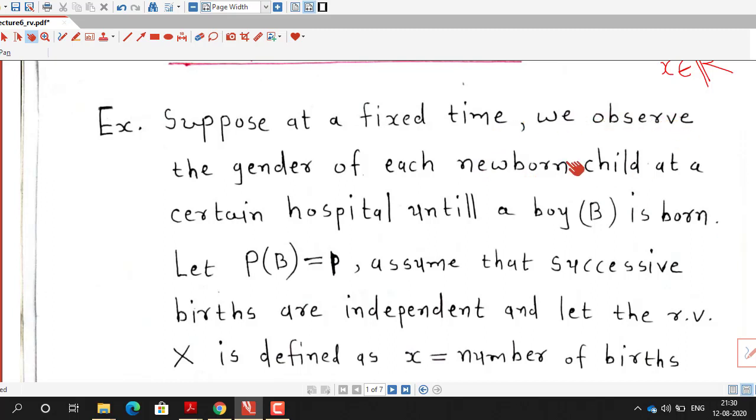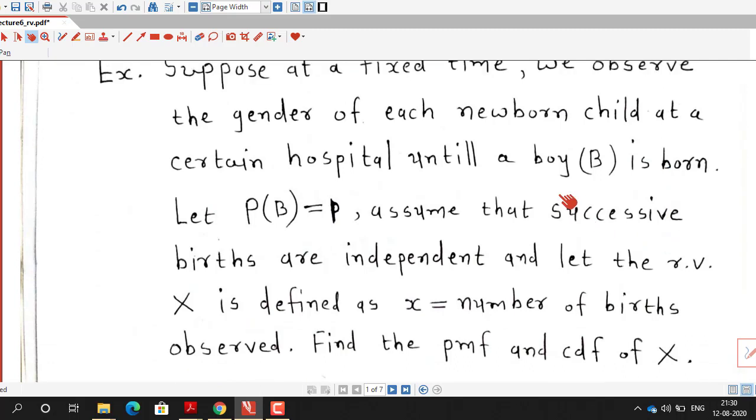So they are observing whether a newborn child is a boy or a girl, and they are observing the gender of each newborn child until they observe that the newborn child is a boy. Now it is given that the probability of a newborn child being a boy is small p, and it is also assumed that successive births are independent.